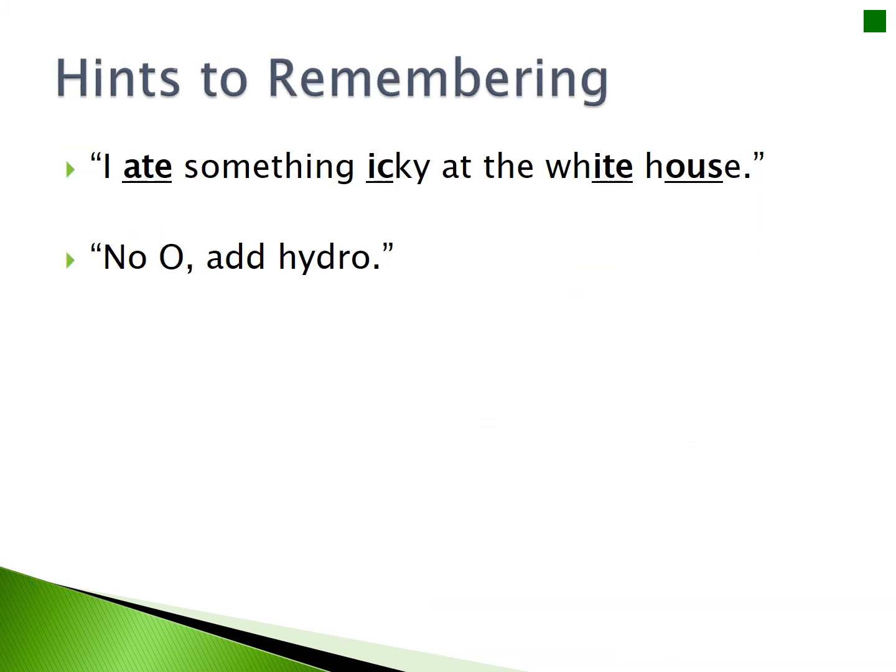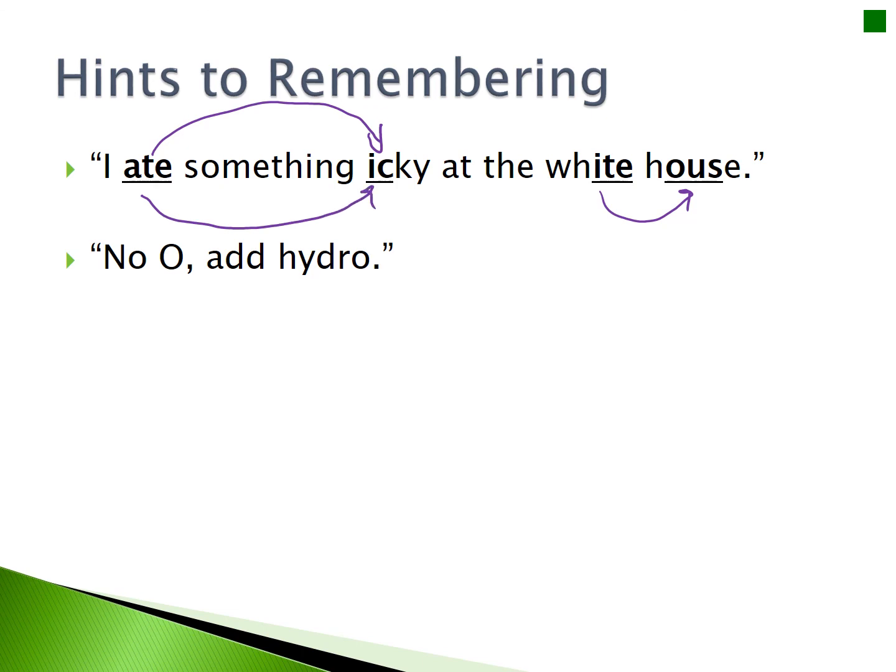So some hints to remember when you're making this, like the little chart, is first I ate something icky at the White House. So ate goes to ic, and ite goes to ous. So if it was like nitrate with that ate ending, it is going to go to nitric.